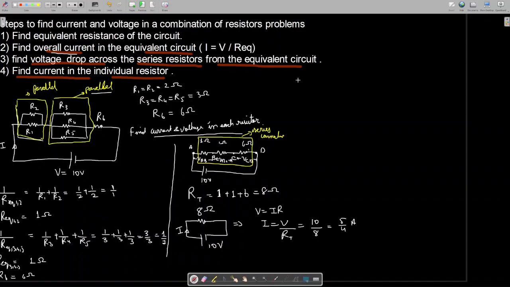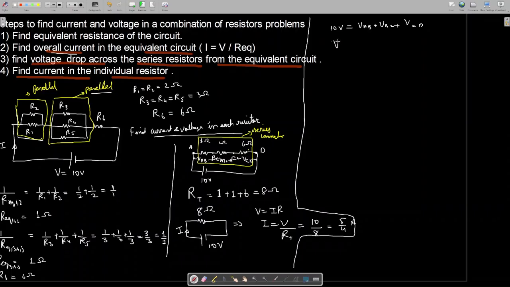So 10 volt is equal to VAB plus VBC plus VCD.